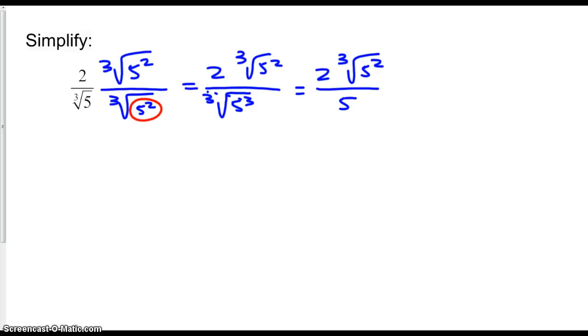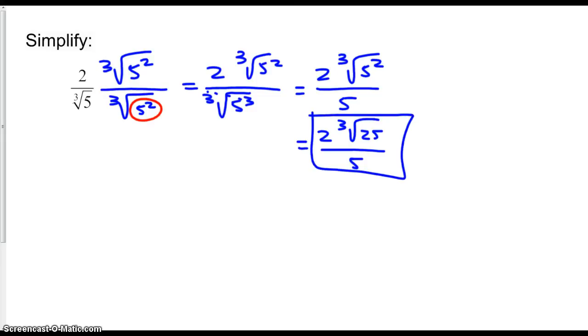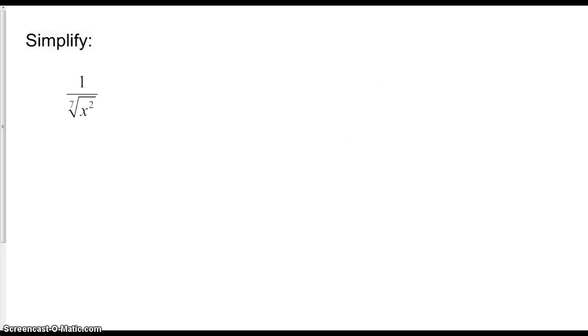I can simplify a little more because what I have here is cube root of 25 over 5. So to get that cube root of 5 off the bottom, I had to multiply by something that would produce a 5 cubed so that I could use that cube to cancel the effect of the cube root. Okay, try this one, same idea.